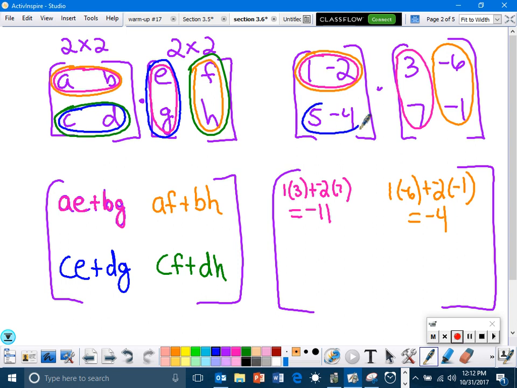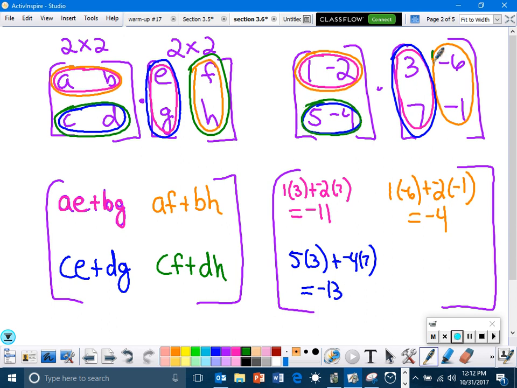I'm going to take the second row and the first column. So 5 times 3 plus -4 times 7. And that should give us -13. Okay, one more time. We're going to take the second row and the second column.